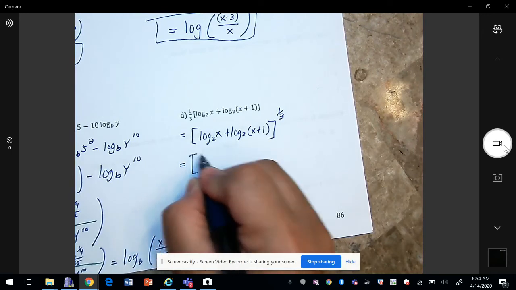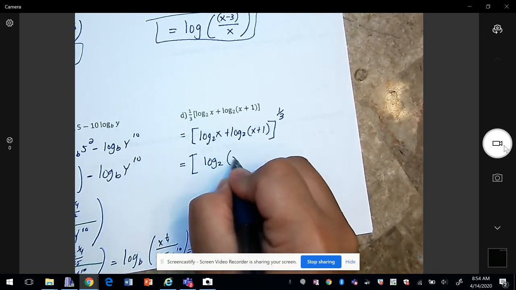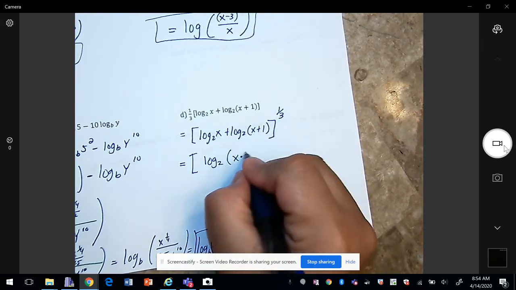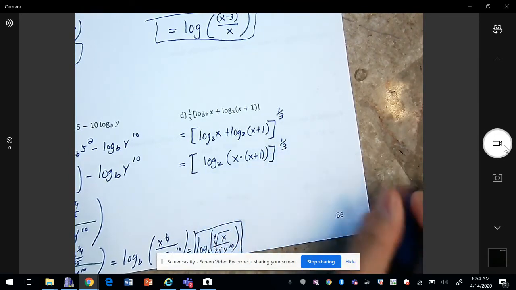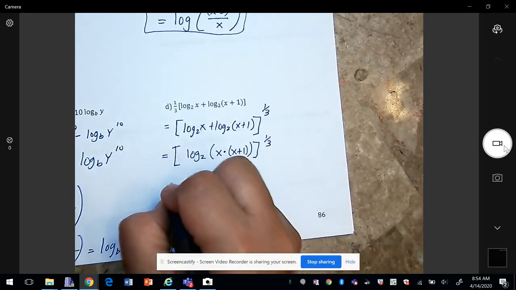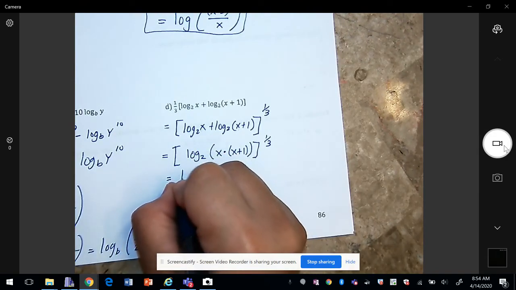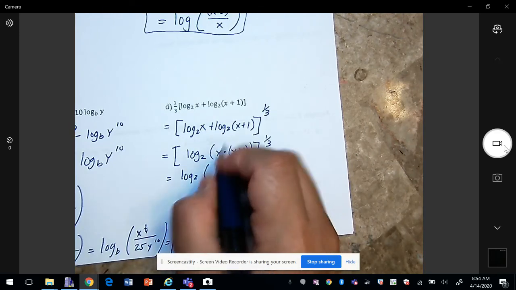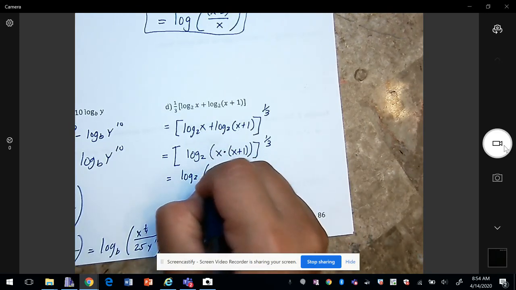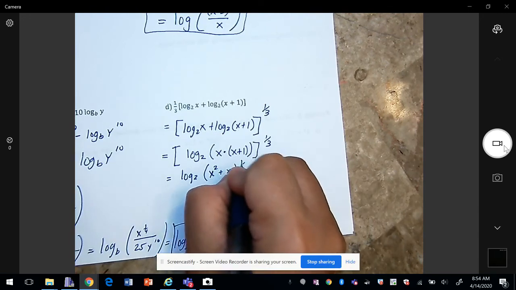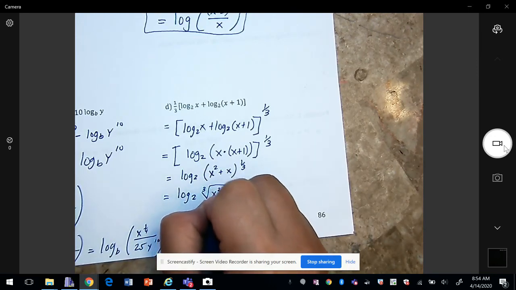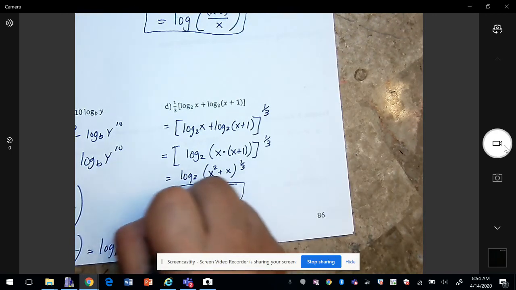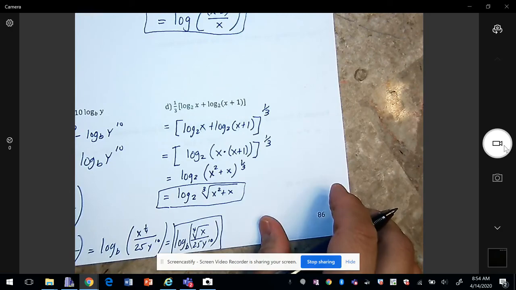So this will be log base 2 of x times x plus 1. And we still have this power of 1/3. So we can simplify in here. This would be x squared plus x to the 1/3, and then the exponent of 1/3 can be written as the cube root. And so that would be our answer.